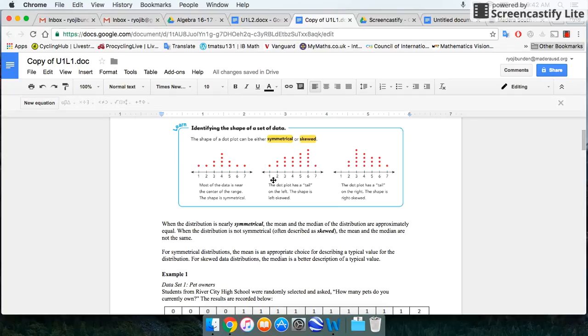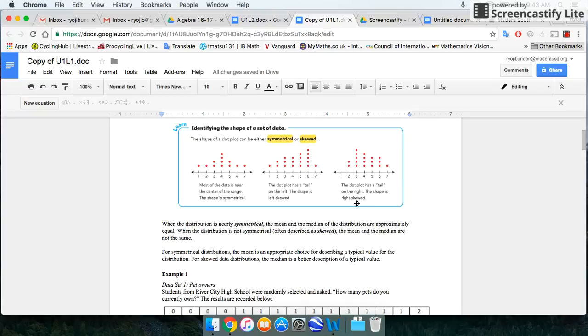So that means that our average is going to be less than our median, because the median is the number that occurs directly in the middle. And on the opposite of that, if we have a right skewed data set, then these values of 5, 6, and 7 are going to bring our average up. So our average, or our mean, is going to be greater than our median, right?